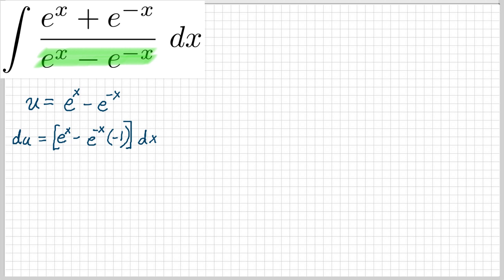So now I'm going to solve for du. Or I'm sorry, I'm just going to pull out that -1 to make du equal to exactly the numerator times dx. And then I'll solve for dx in terms of du and e to the -x.